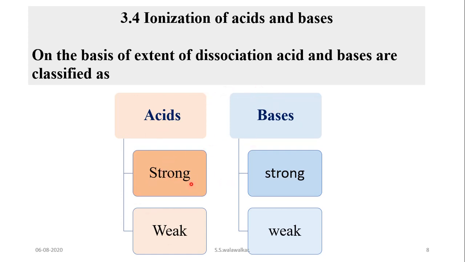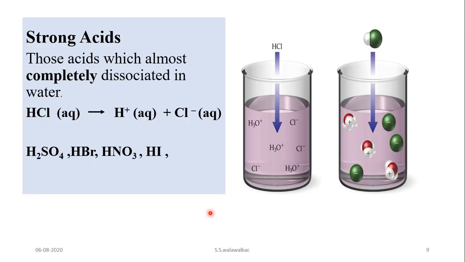This classification is based on how much the acid undergoes dissociation or ionization. Strong acids are those which almost completely dissociate in water, that means 100% dissociation. Alpha is the degree of dissociation or ionization, which measures the extent of dissociation, so for a strong acid alpha is equal to 1.